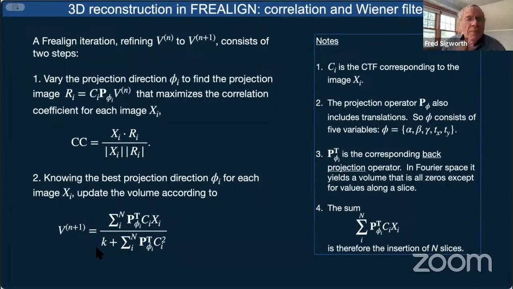So FreeAlign is just a Wiener filter that operates on volumes. It operates on the Fourier volume where we have inserted slices from the individual images. Okay, you like that? Somebody tell me if you like that or not. And I apologize that you don't have the slides already. You will get all of these.